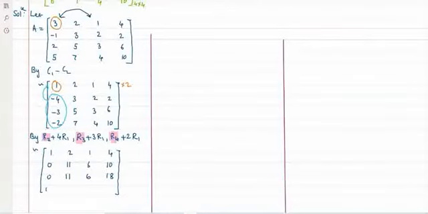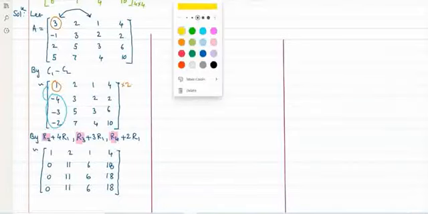Obviously, this is 0. 2 plus 4, 4 plus 2, 10 plus 8. Check this 10. 10 is correct. Now this one? It's 18, because what is your transformation? 2 plus 16, that is 18. Check the calculations. Okay.